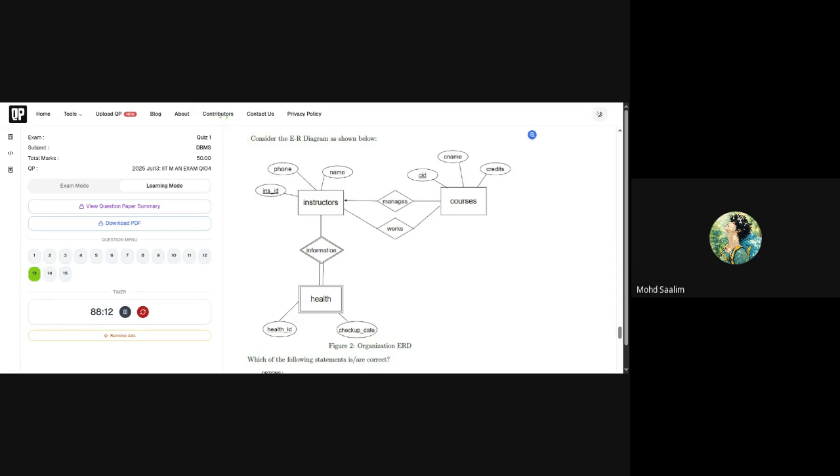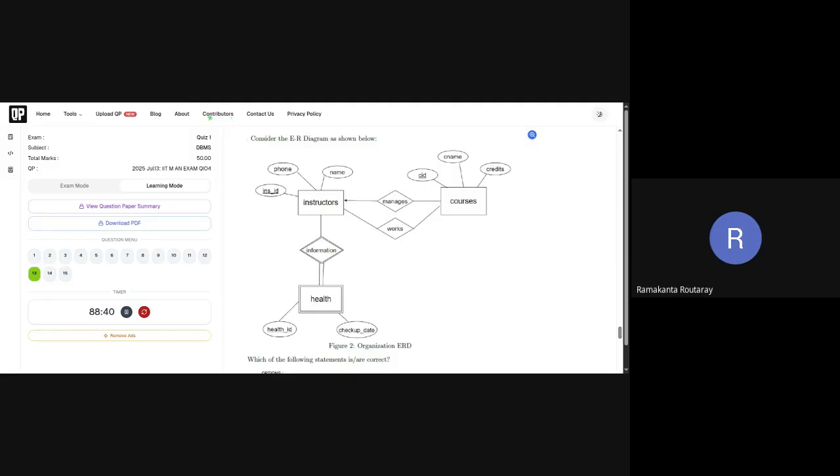So you are saying that 5 tables are required. Maybe we can check if it is 5 or not. See the weak entity set again. There are two weak entity sets. One weak entity is health, and the information set is also weak.